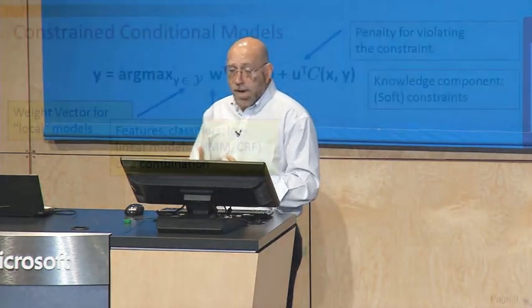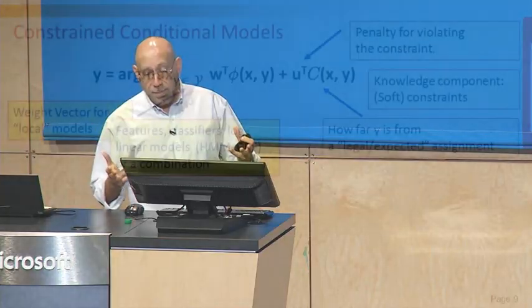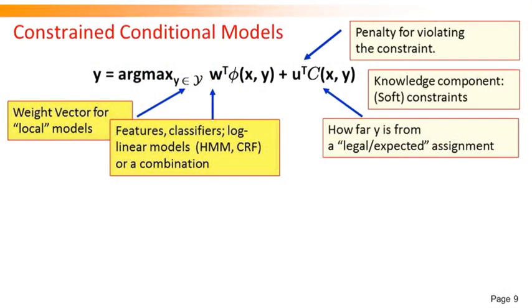And again, I'm going to weigh it with a collection of parameters, if you want, penalties for violating the constraints. I'm going to think about these constraints as modeling how far my assignment, my predictions y, is from a legal or an expected assignment. I'm going to use the word expected here to deliver the point, the relation to common sense reasoning.